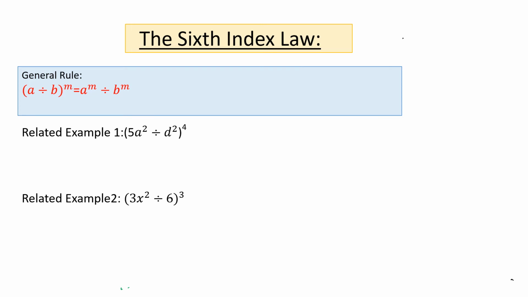Next, the sixth index law, general rule: (a divided by b) raised to the power m equals a raised to the power m divided by b raised to the power m. When I apply this rule here, I will write 5 raised to the power 4, (a raised to the power 2) raised to the power 4.